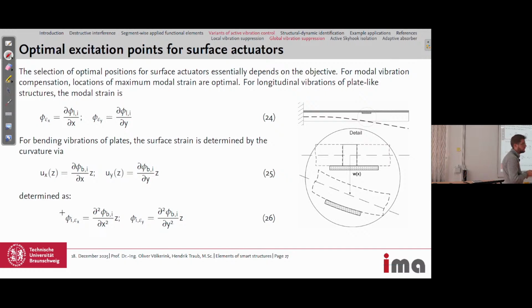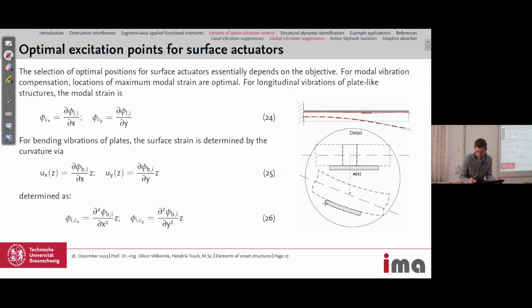Sorry? It's for, the B is for bending vibration. So longitudinal vibrations L and bending B. So we look at, we have this simply supported beam, which has a bending line like this.